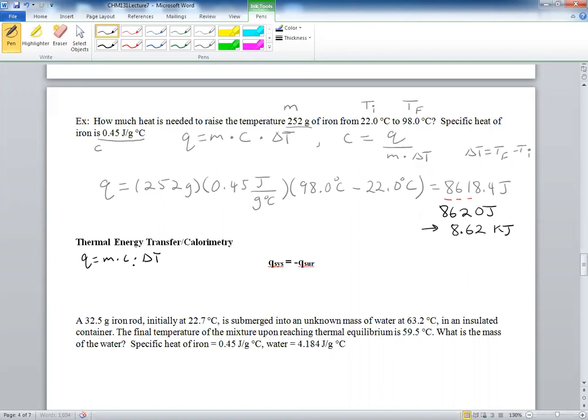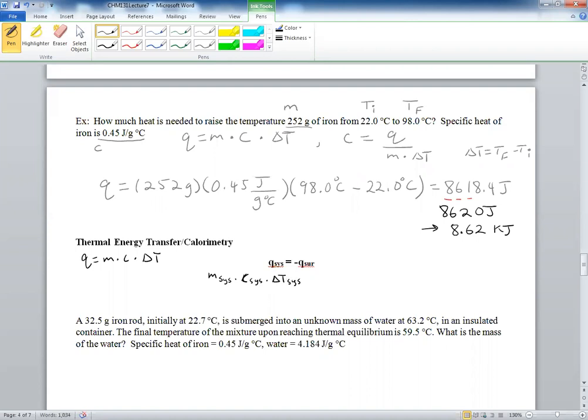After all, heat involves the mass, the specific heat, and the temperature change in both the system and the surroundings. So if we substitute for Q, this becomes M of the system times C of the system times delta T of the system.